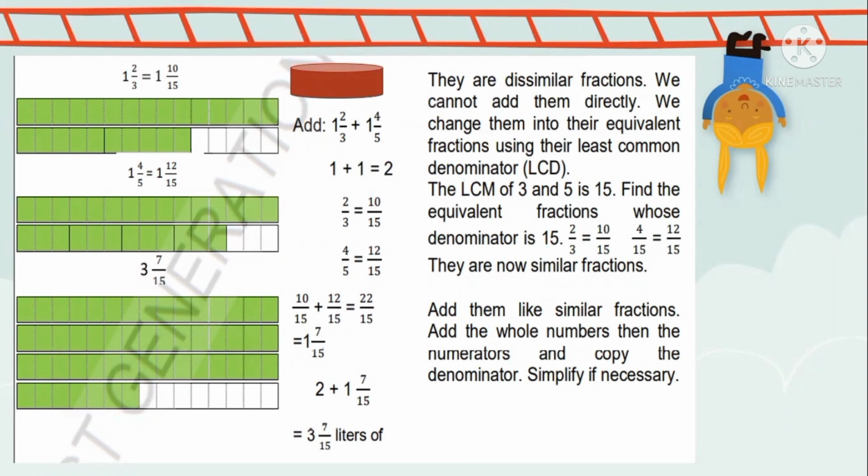The LCM of 3 and 5 is 15. So let's find the equivalent fractions whose denominator is 15. So in 2/3, our equivalent fraction is 10/15. Just simply divide 15 by 3, which is 5, times 2, that's 10.